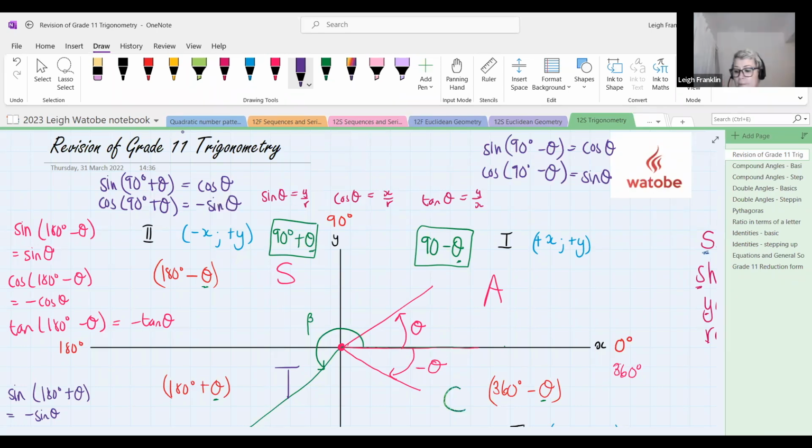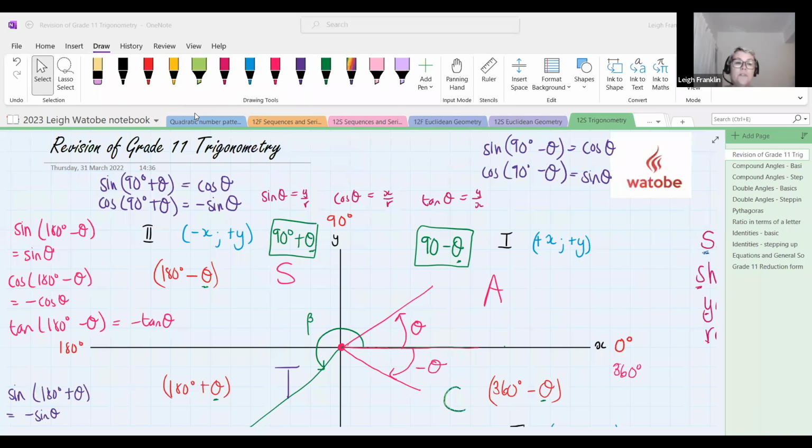Now, it's all good and well me telling you that sine 90 minus theta is cos theta and that cos 90 plus theta is minus sine theta. Do we know why this happens? Yes, 90 plus theta will change sine to cos and cos to sine. 180 minus theta doesn't do that.